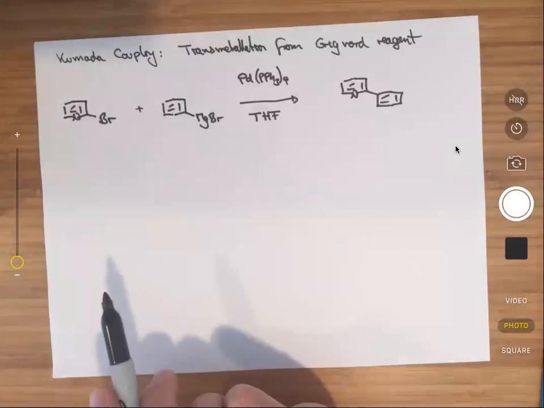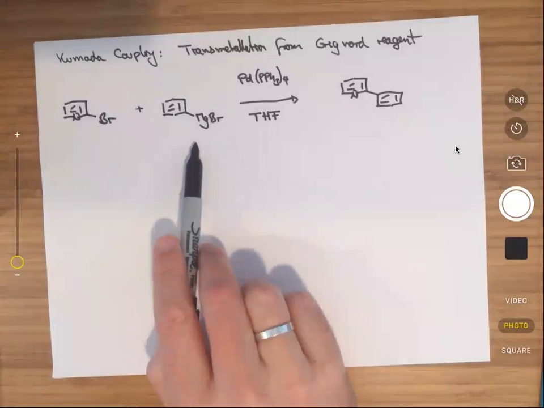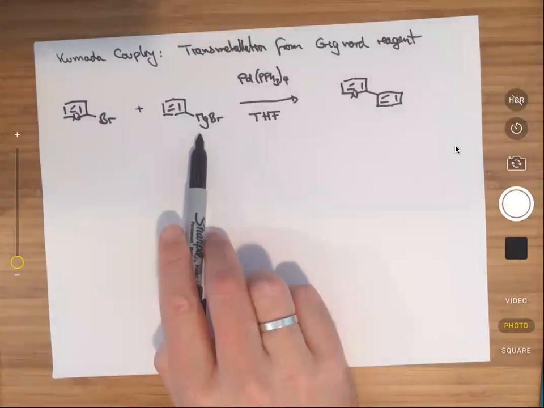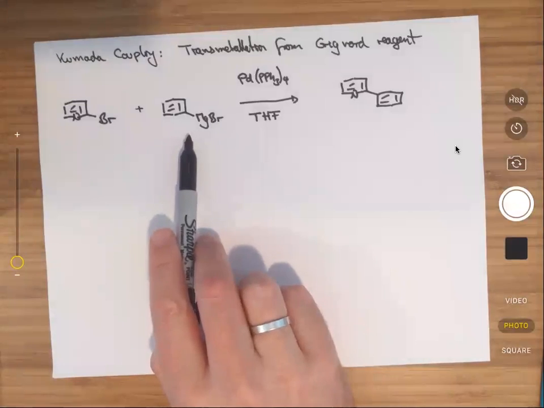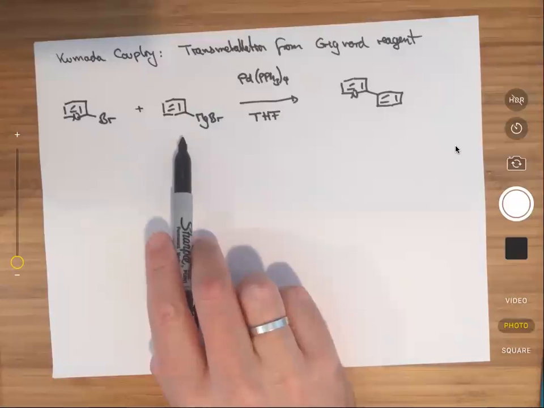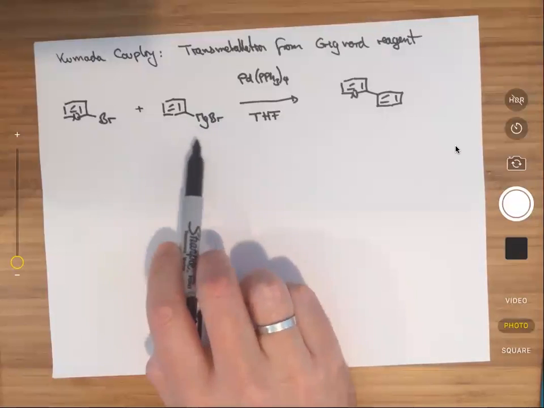Now, the downside of this is that, as I mentioned already, these Grignard reagents are strong bases and strong nucleophiles. So that limits you a little bit in what functional groups you can have present in your substrate in order to perform this reaction.